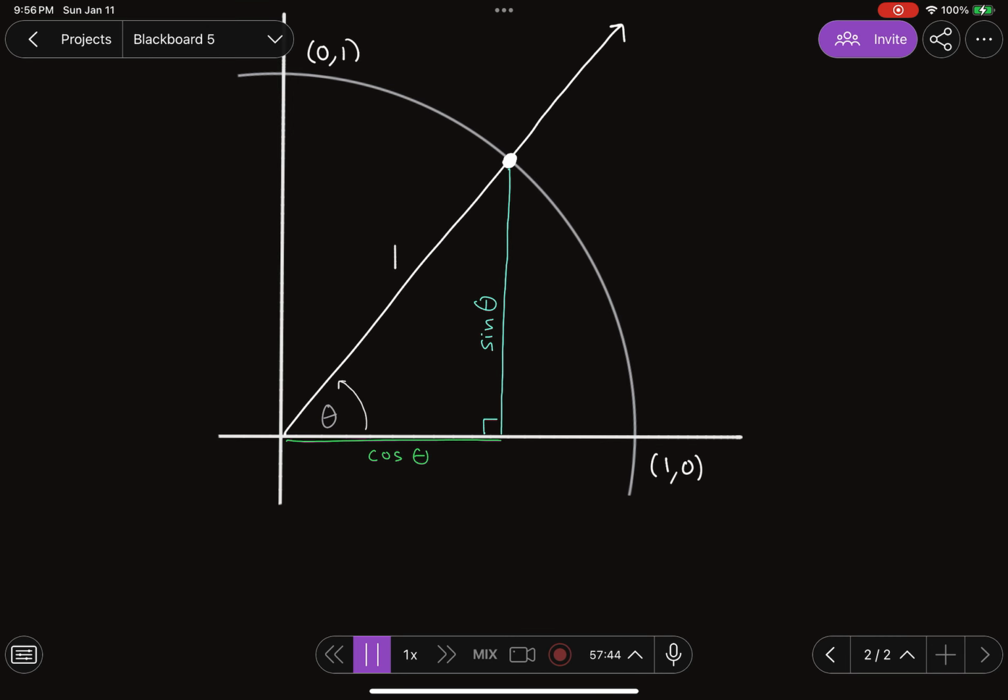And I don't know, that makes this distance right here 1 minus the cosine of theta. Convince yourself that that is true. Big hint that this distance is 1, okay? It's on the unit circle. And I want to talk about a few other things. One more thing, actually.